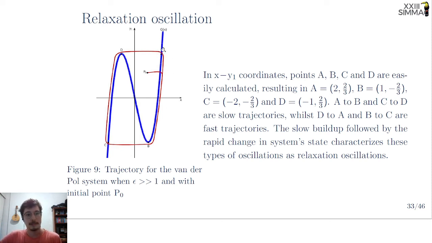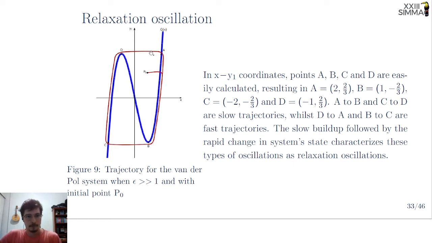We can easily calculate, using g of x, those points A, B, C, and D, and we can use the idea of relaxation oscillation in order to estimate the period of these oscillations.